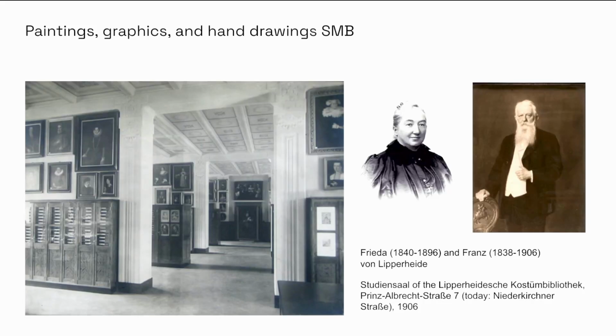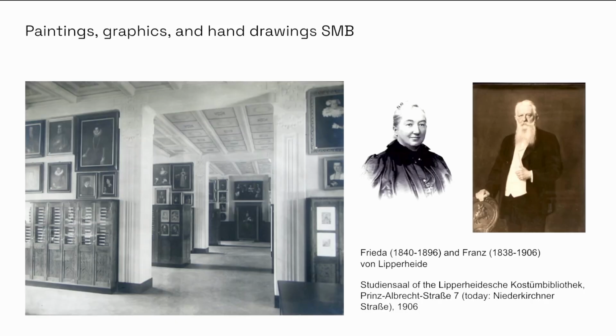Let's focus a little on the content itself. What we're trying to visualize is a very tiny part of the Lipperheide Costume Library, which was founded at the end of the 19th century, but now belongs to the State Museums of Berlin.